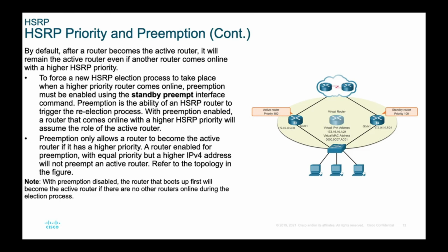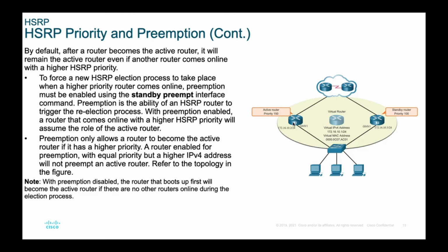Whenever a router has been elected as the active router within a LAN, it will permanently stay active until it fails, even though its priority number is lower. Let's say router 2 has been picked as the active router. Even though router 1 comes in later with a priority number of 150, router 2 will stay as the active router until router 2 fails, and then router 1 will take over.